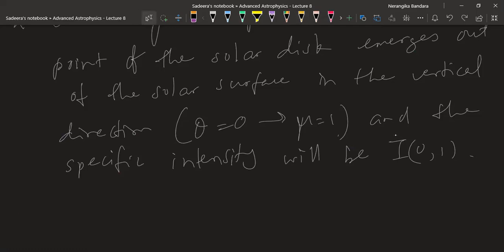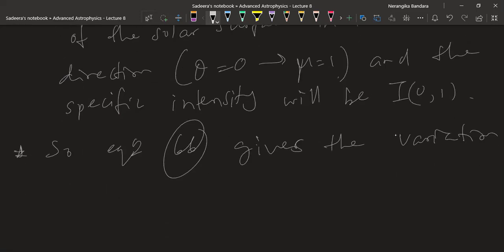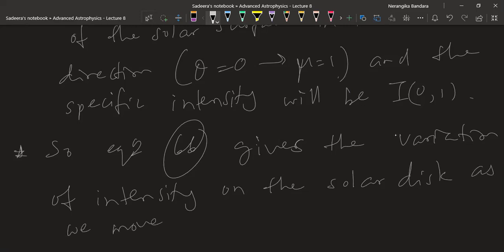So equation 66 gives the variation of intensity on the solar disk as we move from the center to the edge.